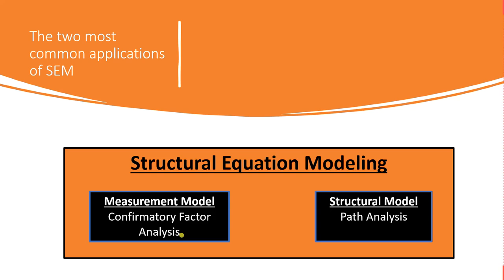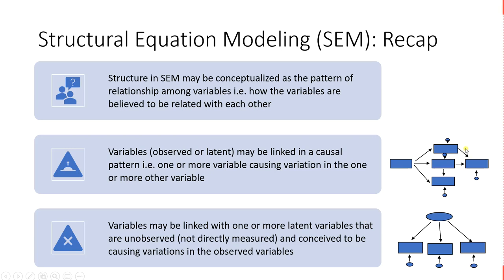In structural relationship models, the models may be of different types. Path analysis is one example of the structural relationship. I will go to the previous slide. This is basically a path analytic model. Why? Because all the variables are observed variables.